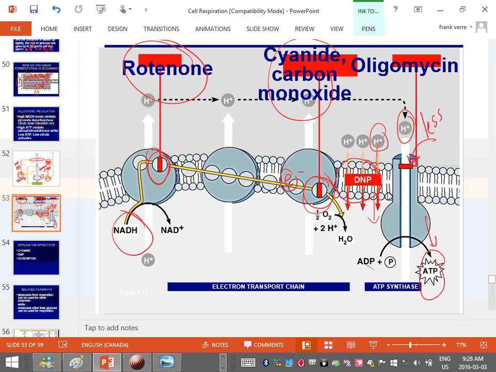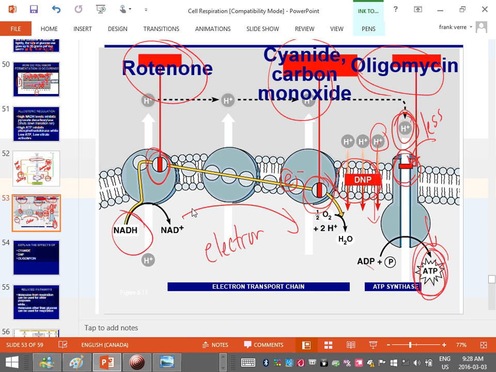And then here's a molecule called oligomycin, which actually blocks. It sits in the active site of ATP synthase and blocks the production of ATP. So maybe you'll have regular electron flow. Maybe the electrons can actually go through, but what can't you make? Can't make ATP.